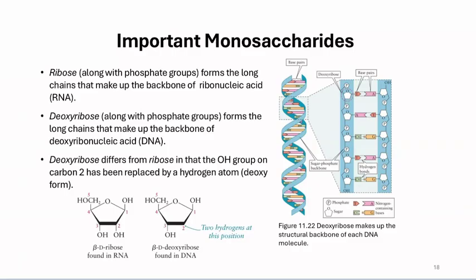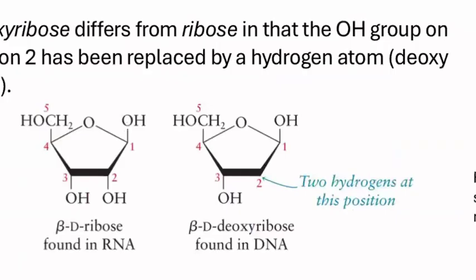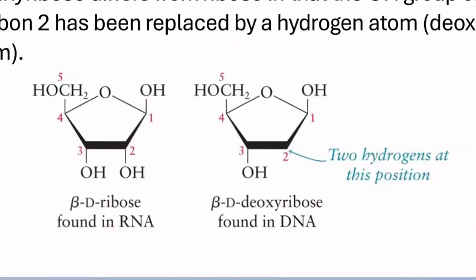Now, there are two types of nucleic acids. The two types of nucleic acids we can see in the bottom are RNA, which is ribonucleic acid, and we also have DNA, which is deoxyribonucleic acid.